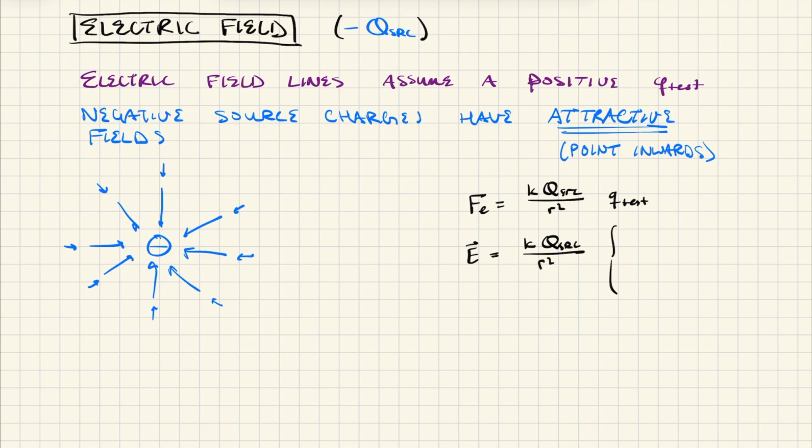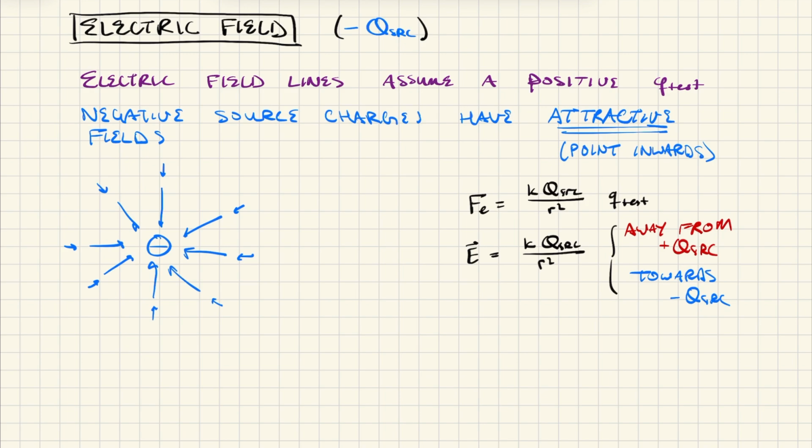We also know now that it points away from positive source charges and it points towards negative source charges. The actual magnitude is the same in either case; only the directions change for a given source charge magnitude.